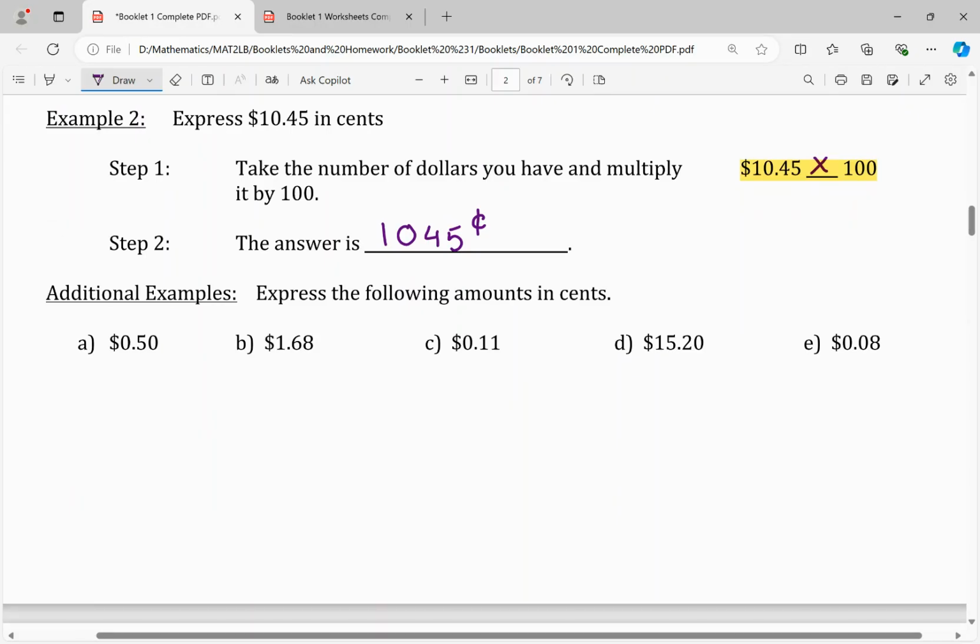Again, I'm going to go through a few more examples. Each one is going to be similar. You're going to take the dollar amount and multiply it by 100. Please take a second and pause this video. Fill in the rest of these additional examples, A to E, and then play and check that your answers match mine.